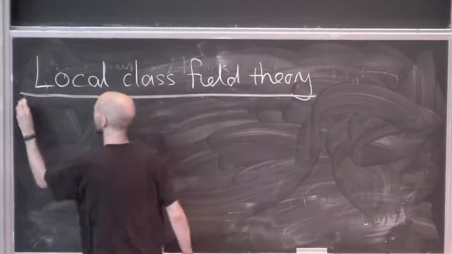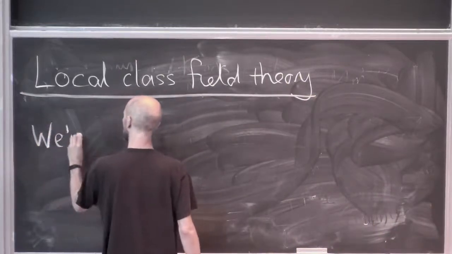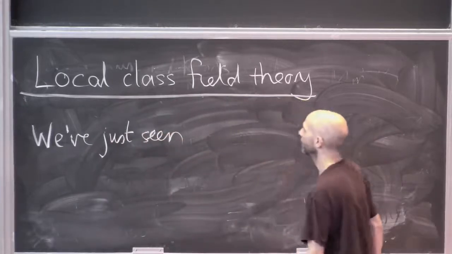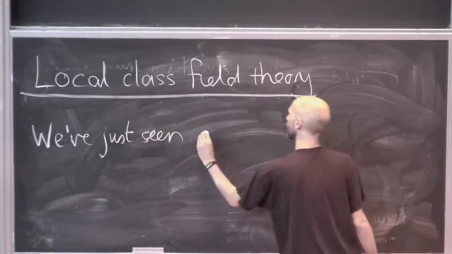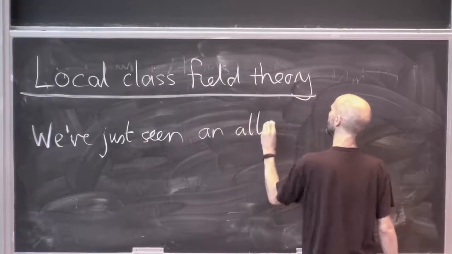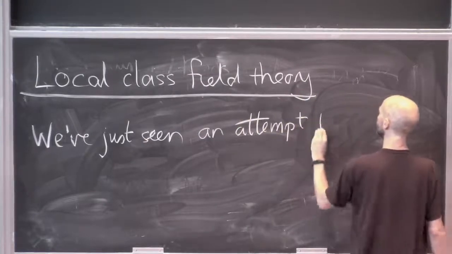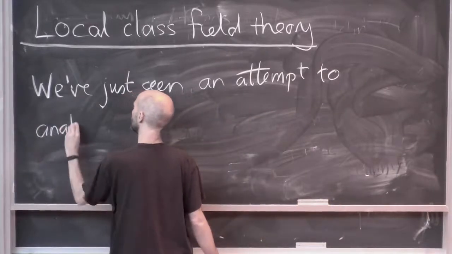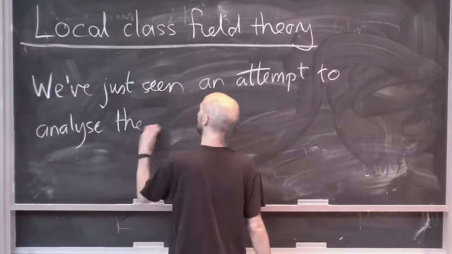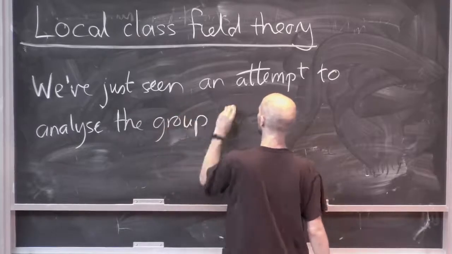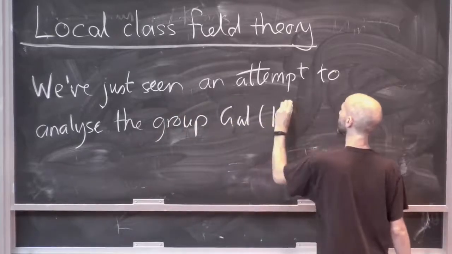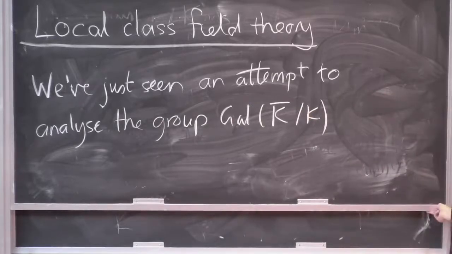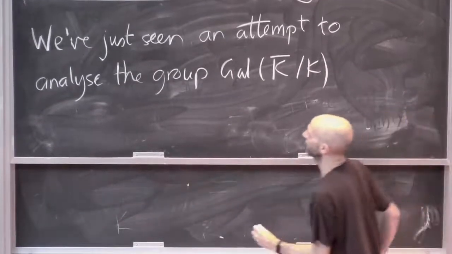So we've just seen that an attempt to analyze the group Gal(K-bar over K) via some kind of explicit attack on the inertia group, right?